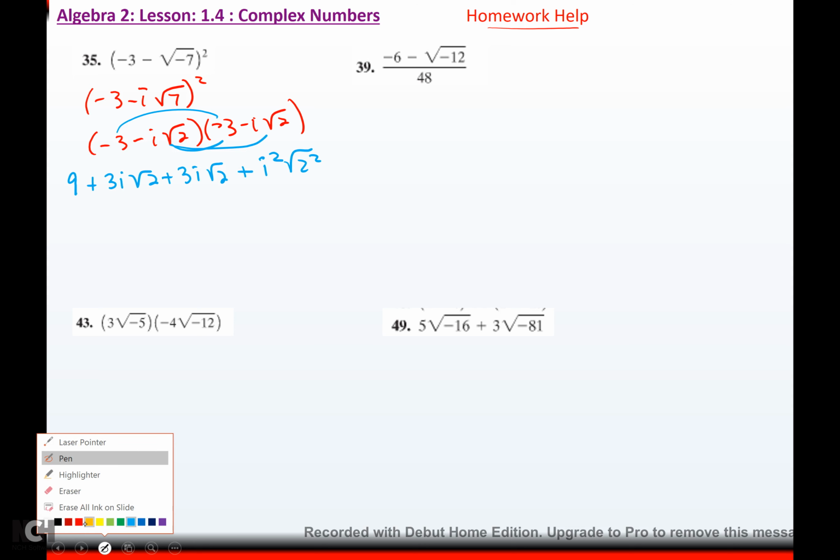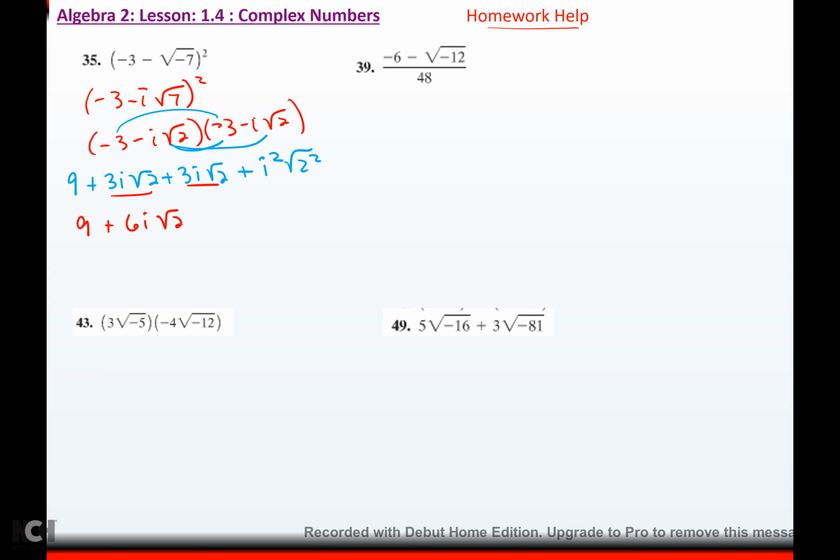Okay, so now if we clean this mess up, that's 9. That's going to be 6i square root of 2. That's going to be a negative 1 times 2, because the square root of 2 squared is 2. So that gives me 9 plus 6i square root of 2 minus 2. Combine like terms, I get 7 plus 6i square root of 2.